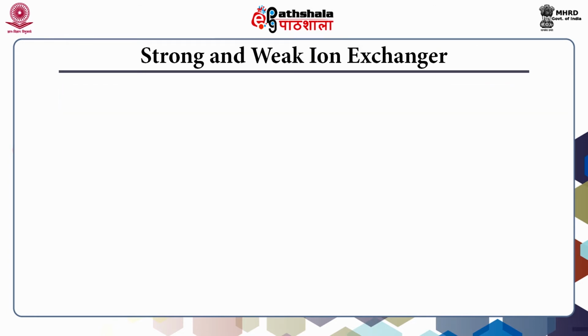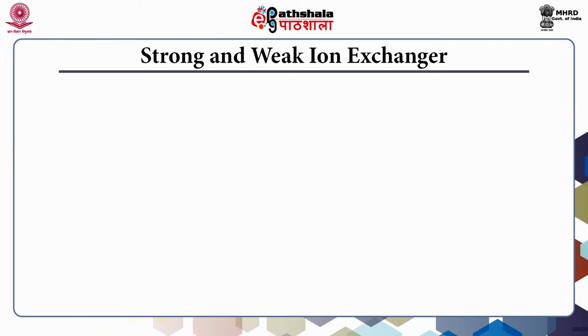So far, we have discussed the kinds of exchangers as anion exchanger and cation exchanger based upon the charges present on its surface. Let us discuss the classification of ion exchangers on the basis of the strength of ionization.